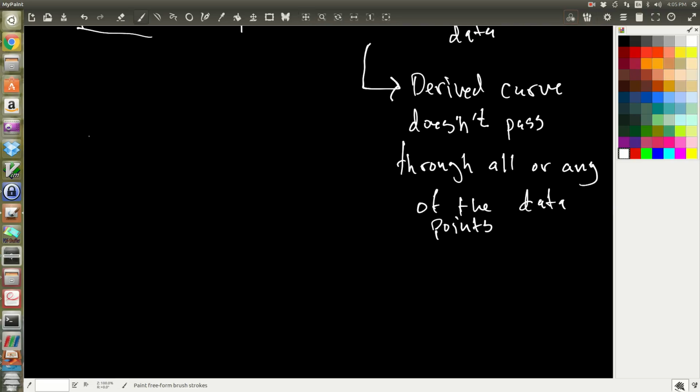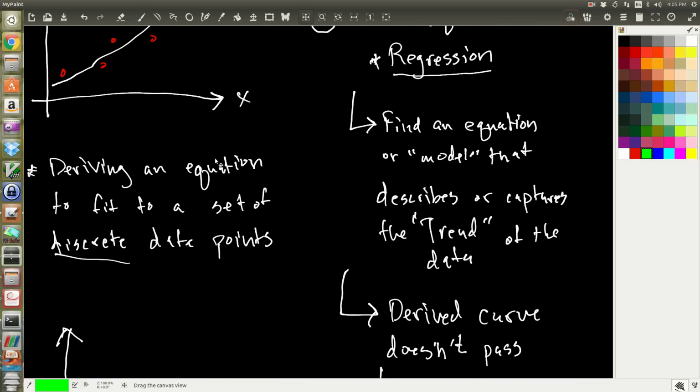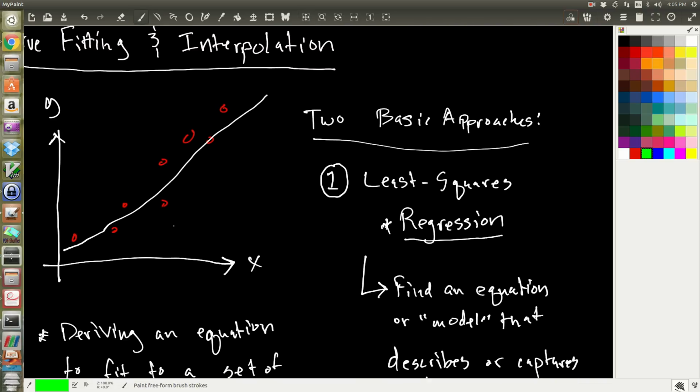Alright, so let's talk about the next approach, which is interpolation. So if I have data that is not very noisy, let's pick some data. Maybe it looks like this. Nice and clean looking. Now, if we compare that data to the data that I drew up here, there's a lot more noise.